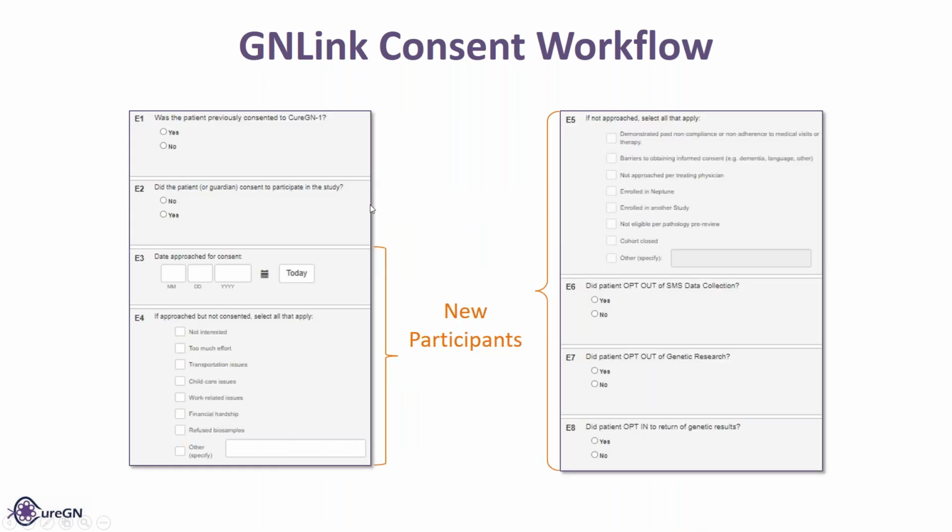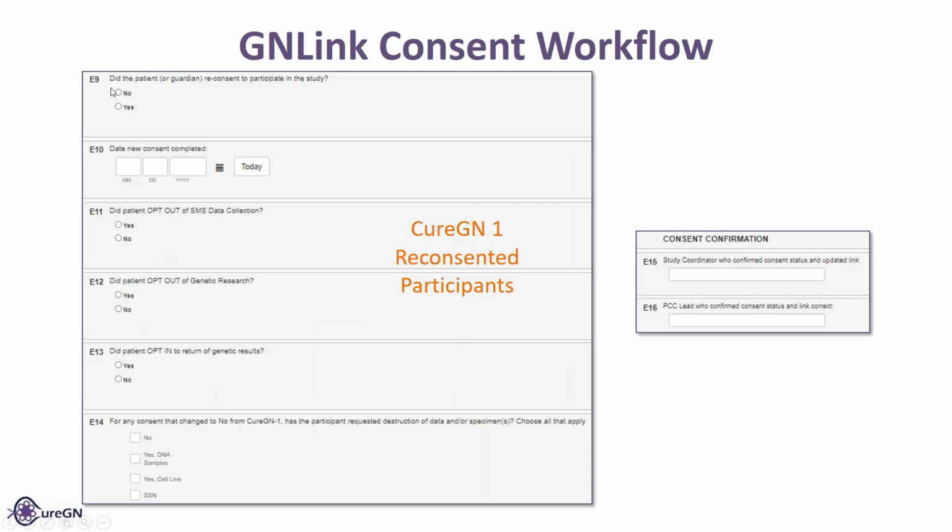If it's a new participant, when you go to the CureGN 2 consent page, it's going to ask you if they were previously consented in CureGN 1. So you would put no, and then you would have E3 through E8 to answer. Now, if it is a returning subject who you need to re-consent, when you put yes, it'll then give you questions 9 through 14 to answer.